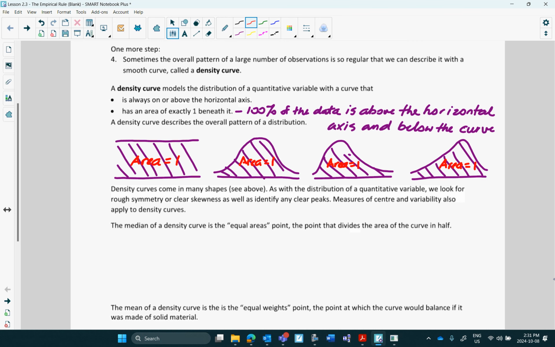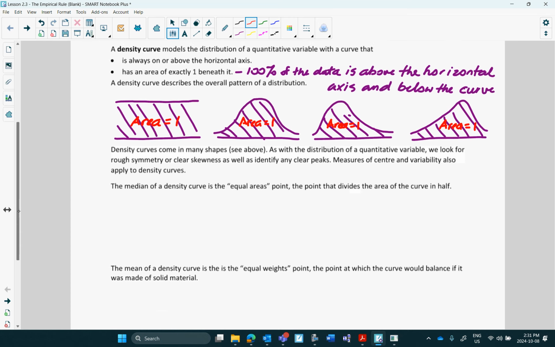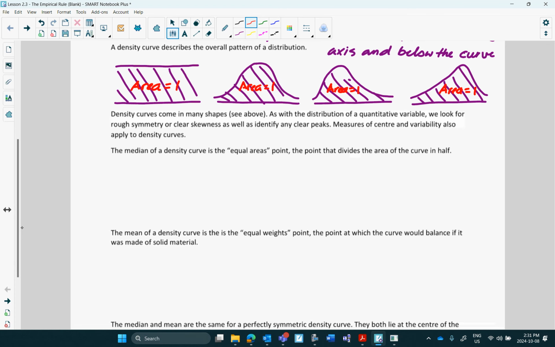Now, this is kind of a review of what we talked about here, where we locate the mean and median in these density curves. For the median of a symmetrical curve, the median would be right at the peak.